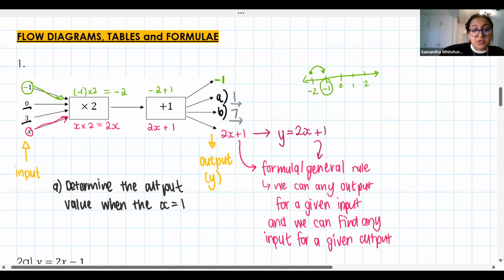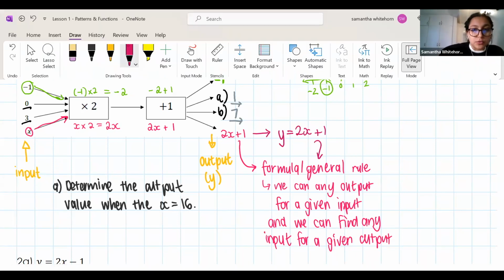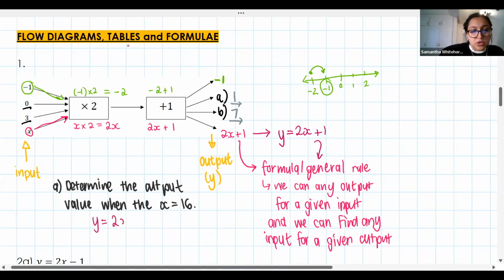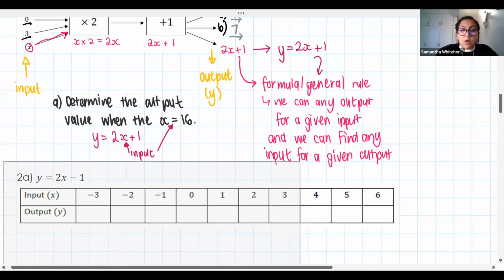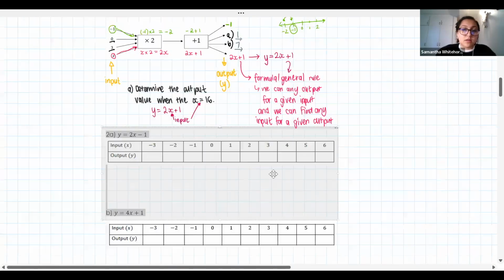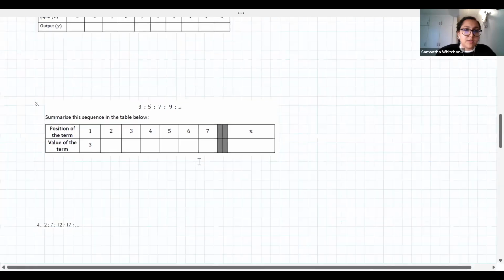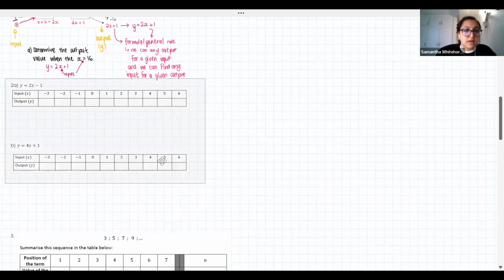Let's say X is equal to 16. All right, so now I could ask you the sub-question. Because we've got our rule, because we know that Y is equal to 2X plus 1, and because we know X is the input, we can use substitution because what I've given you is an X value. So we can now go and solve for our Y value. I just want to move this all down because obviously I haven't left myself enough space.